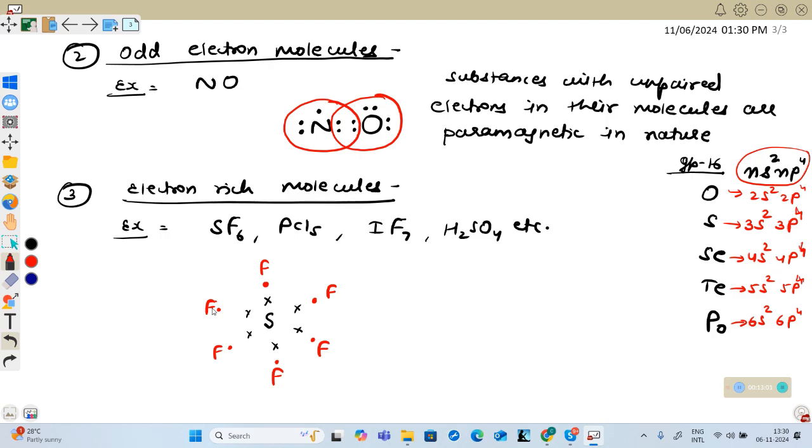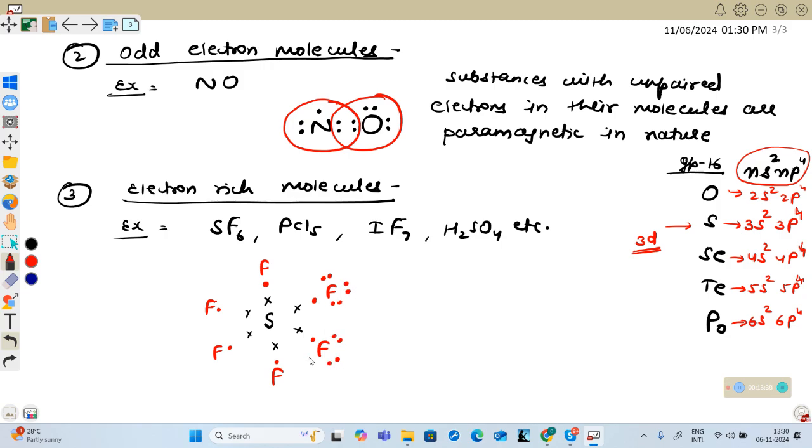Sulfur belongs to the third period. Third period means the third shell starts. In the third shell, s, p, d, 3 subshells exist. So 3d is vacant. So from the third period onwards, you will see many elements can expand their octet because they have vacant d orbitals.